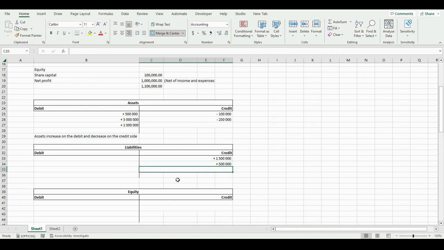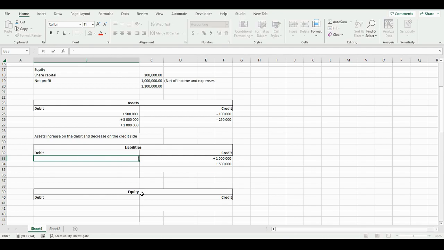Guess what happens when you then start paying off these people? You could have guessed it easily. It's going to come in here. When you start paying off these people, maybe they give you installments, they decrease on the debit. That's the behavior of liabilities. They said, no, you can pay us 100,000 a month.